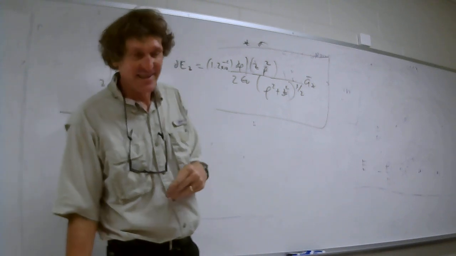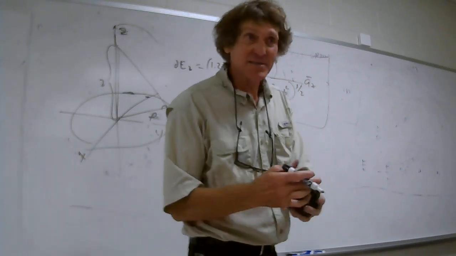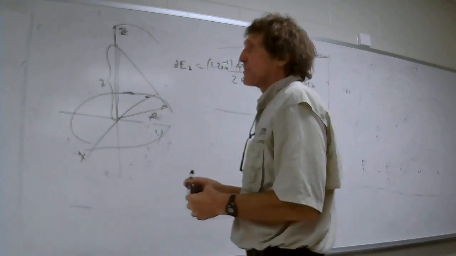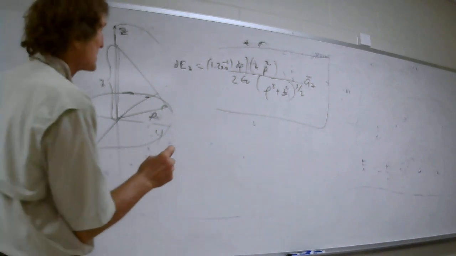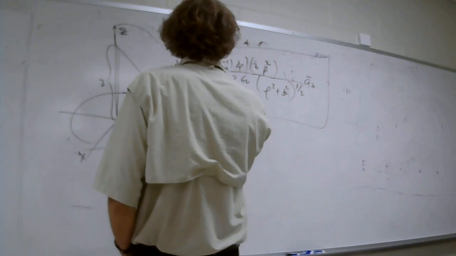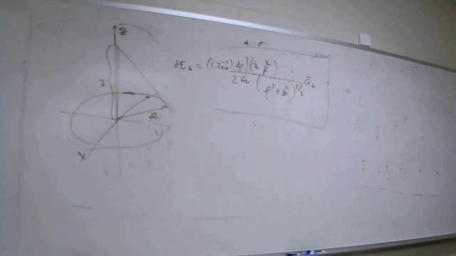Now I need the electric field. I got to do the integration. So let's do it right here. To get the electric field on the z-axis, I want the constants out in front. So z is a constant of 1.2 times 10 to the minus 6 divided by 2 epsilon naught.